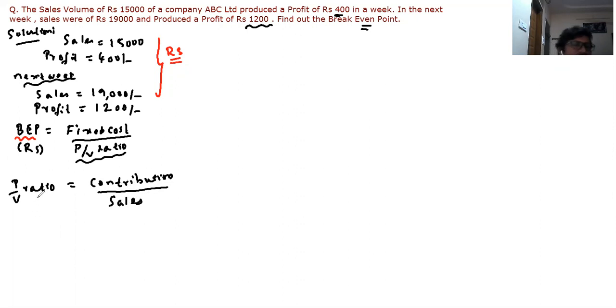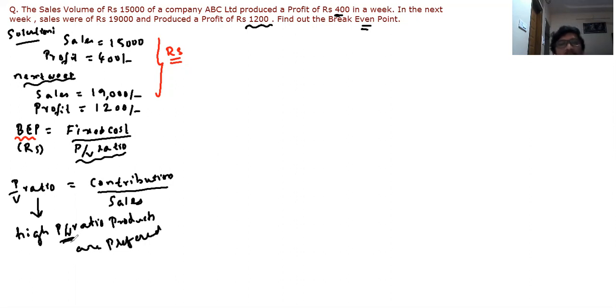In an organization, products with a higher P by V ratio are preferred, because higher P by V ratio products give more profit to the company, right?